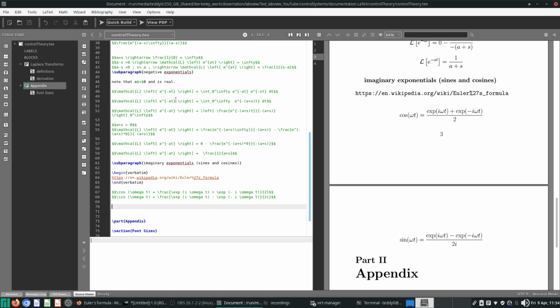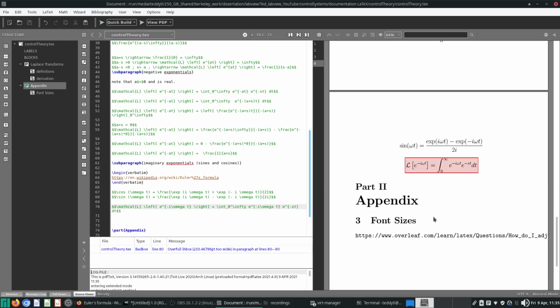So again, let's do this again: e to the minus i omega t, and that will be your Laplace transform.